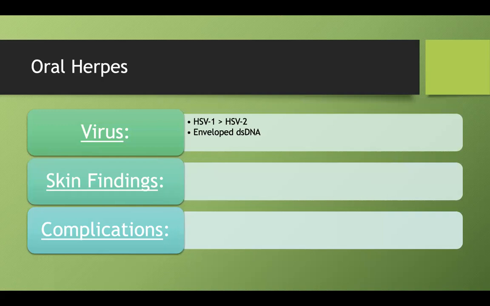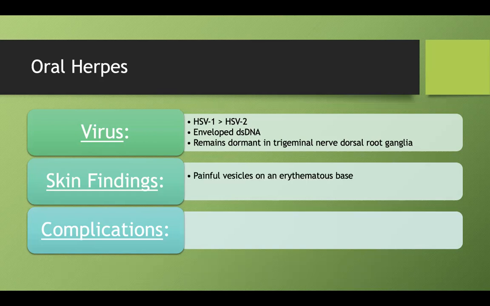That's not always true in real life, but for tests, they pretty consistently will give you HSV1 for the mouth and 2 for the genitals. It's a double-stranded DNA virus. Another thing they like to test about all the herpes conditions is that they can remain dormant in the trigeminal nerve dorsal root ganglia.